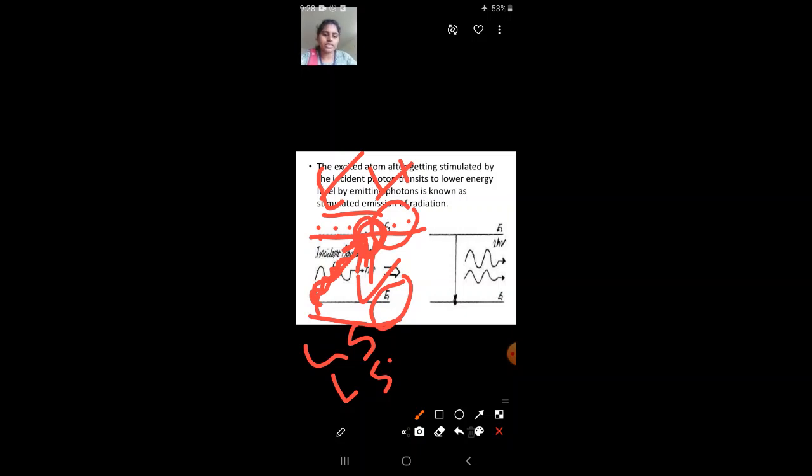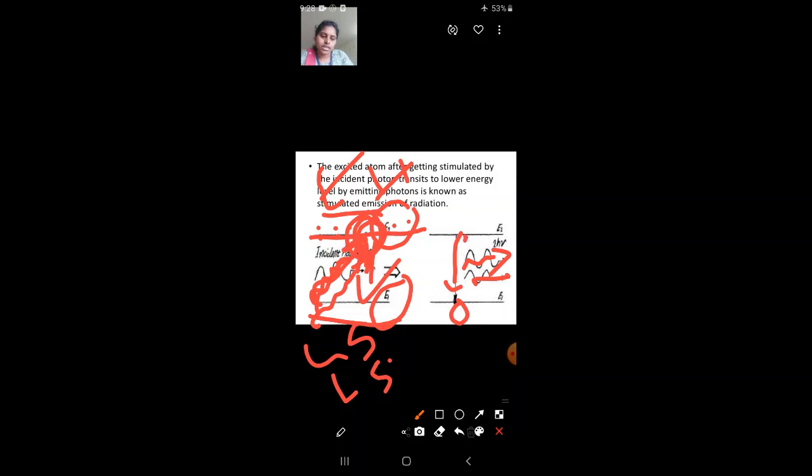Here we see the particle jumps into the ground state. But we externally supply energy, the photon collides with the particle, and the transition releases two photons.